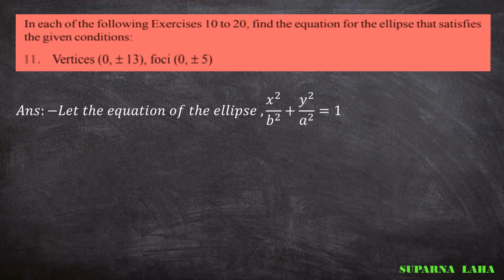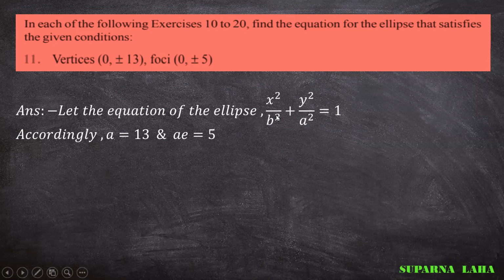Now, in that case, the vertex is 0 comma plus minus a. If we compare this equation with the given information, according to the question we can write a is 13 and ae is equal to 5, since the coordinates of the foci are 0 comma plus minus ae.